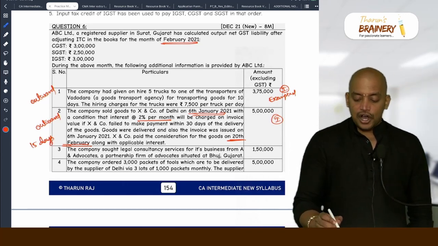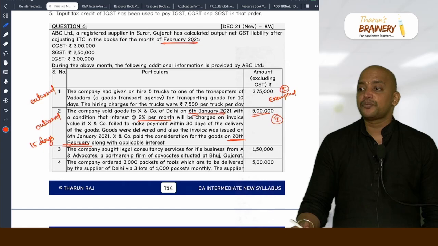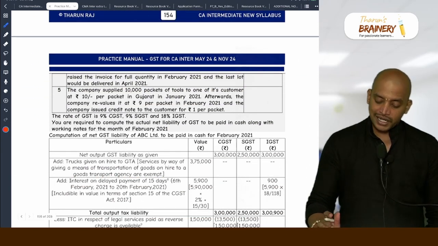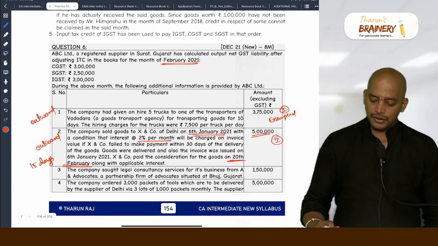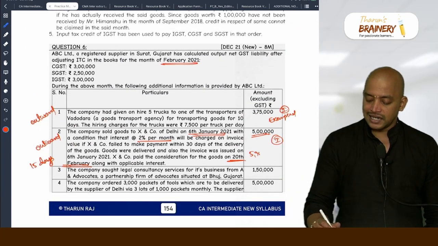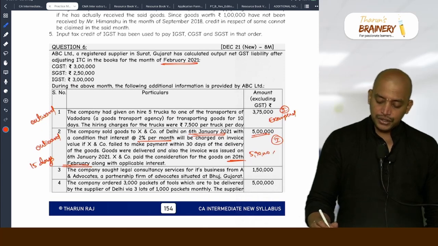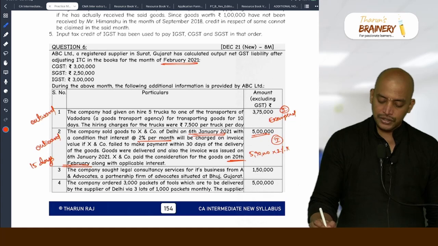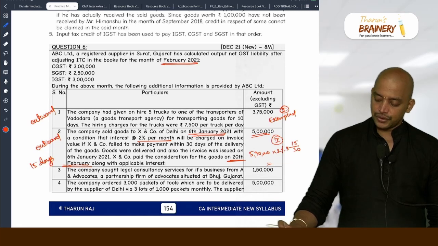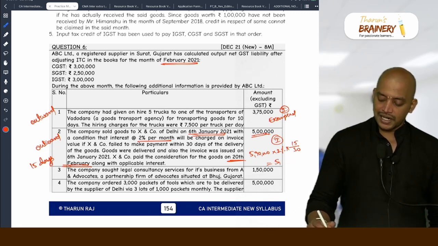But not only on 5 lakhs, interest is computed on the total amount including the GST component. What is the GST component? 18%. So 5 lakh plus 18%, 5 lakh 90,000, into what is the rate of interest? 2% into 15 divided by 30. 5 lakh 90,000 into 2% into 15 divided by 30, 5,900.